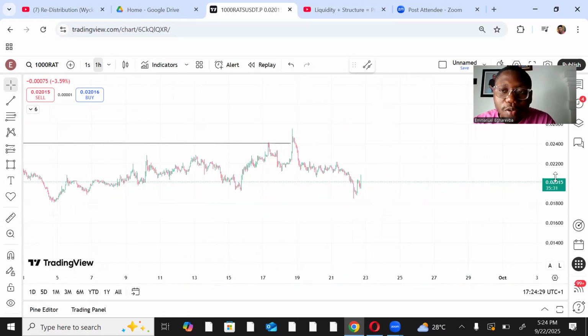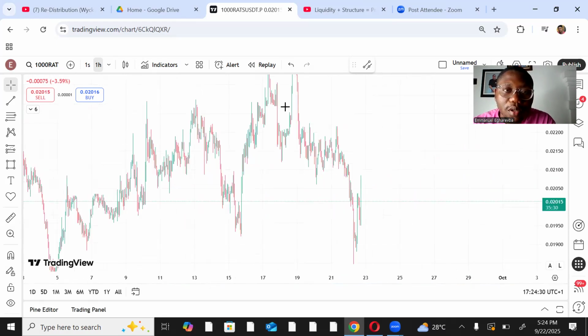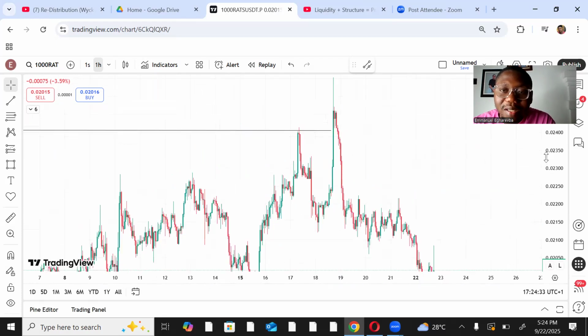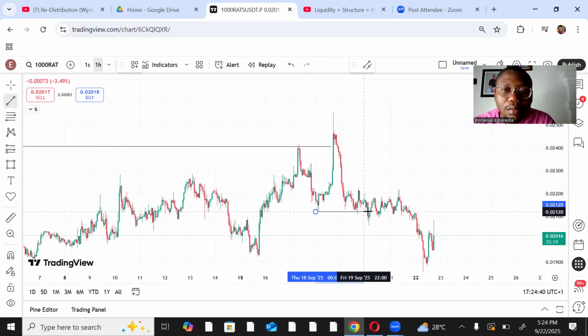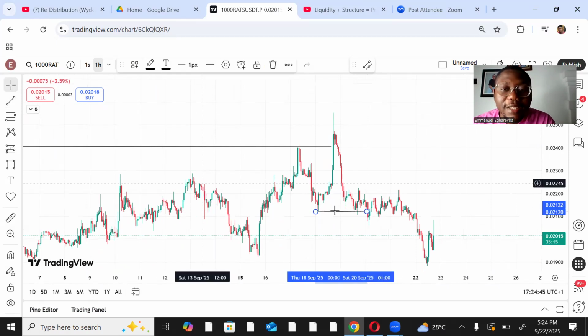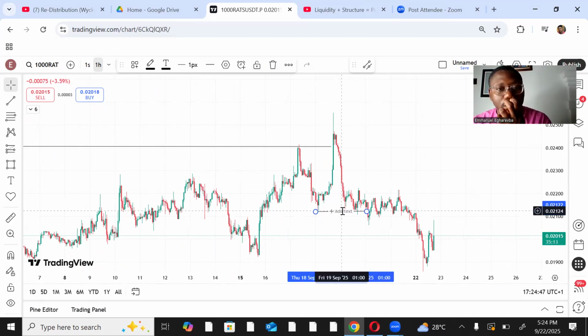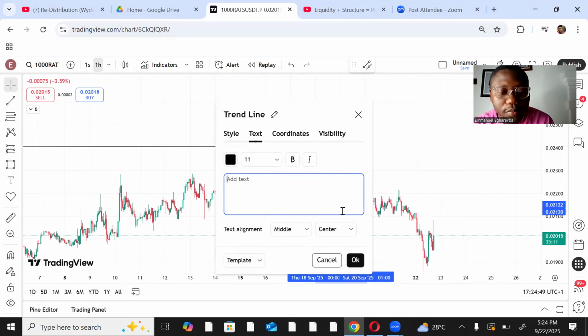Now, how do we know it's a liquidity sweep? We're going to see price react massively. The moment we start seeing price react massively and breaking structure to the downside, then it is clearly a liquidity sweep.